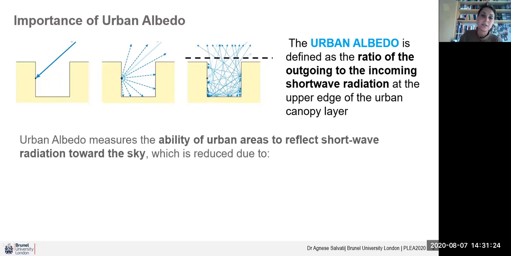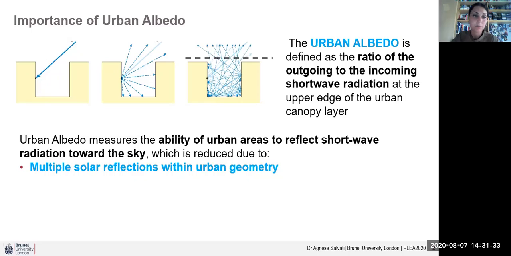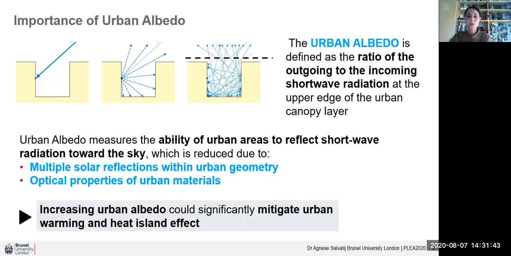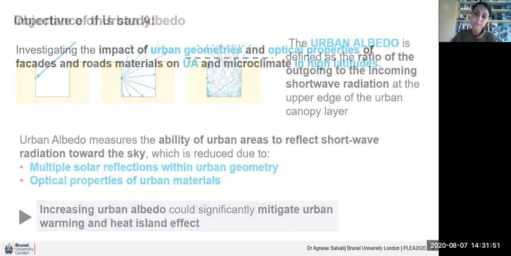In a few words, it measures the ability of urban areas to reflect shortwave radiation toward the sky, which is affected by the multiple solar reflections within urban geometry and by the optical properties of urban materials. So the final aim is to increase urban albedo in order to reduce and mitigate the heat island effect.